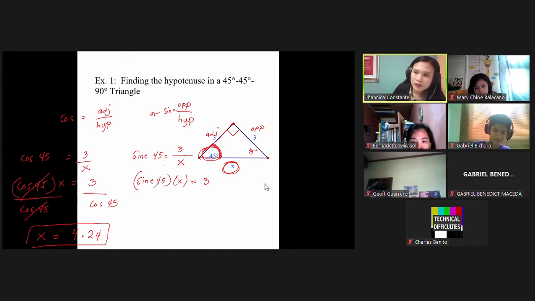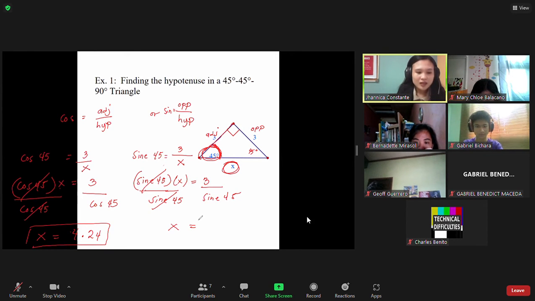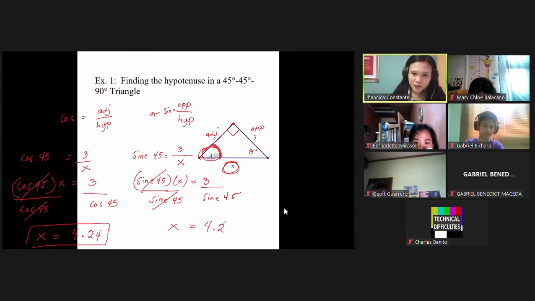Since we're solving for the value of x or the hypotenuse, divide both sides by sine 45. So x equals 3 divided by sine 45, which is equal also to 4.24.